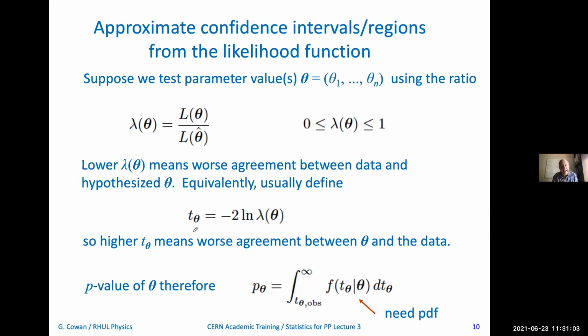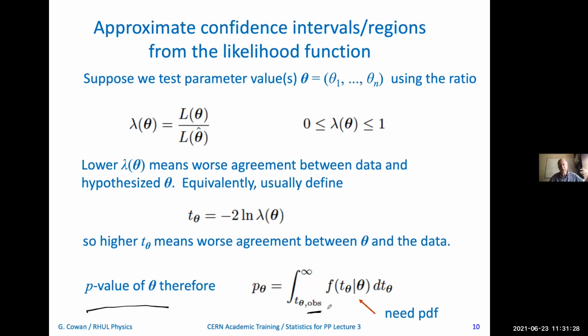So if I take that as defining what I mean by data that's more compatible with theta, that means that the p-value of a hypothesized point in the parameter space is going to be the probability, under the assumption of that point theta, to find the statistic t(theta) as high as the value that I observed or higher, right?